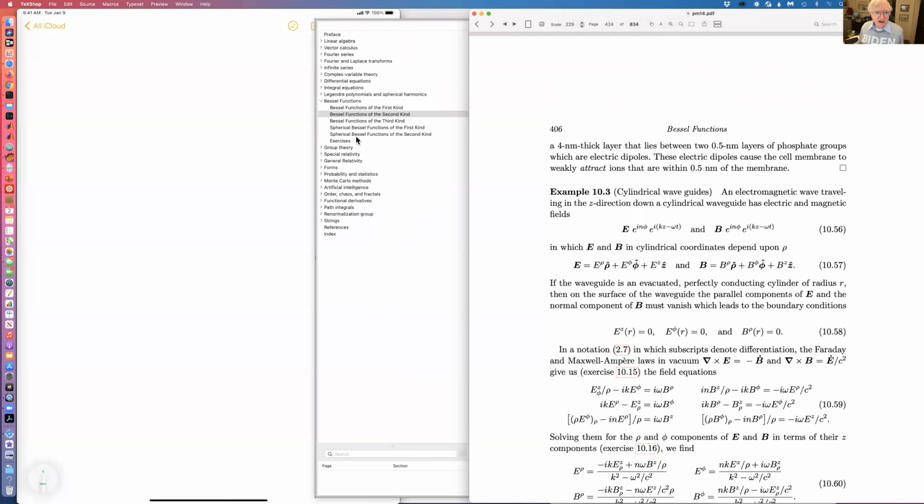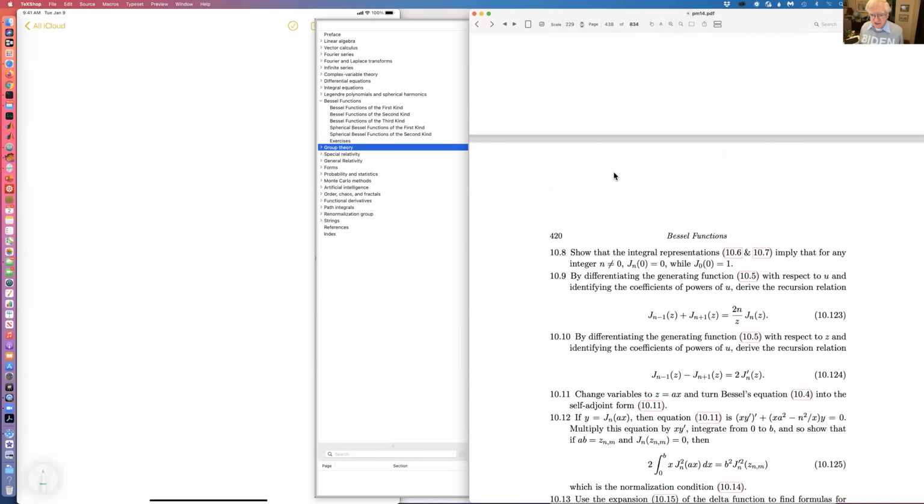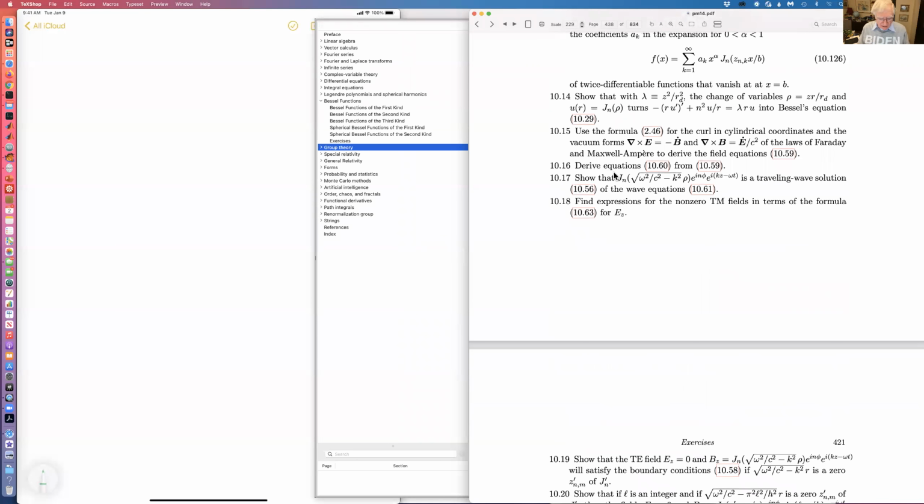All right, I'll have to just go to the exercises again. So let me get the book out so we make sure we don't have some equation number wrong. So 1018 says, look at 1063.